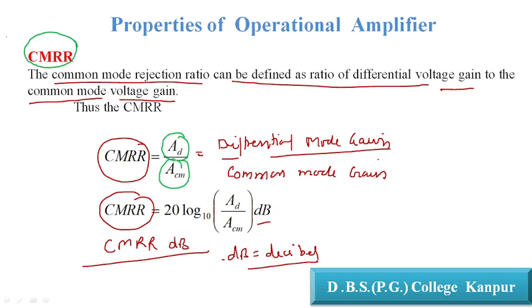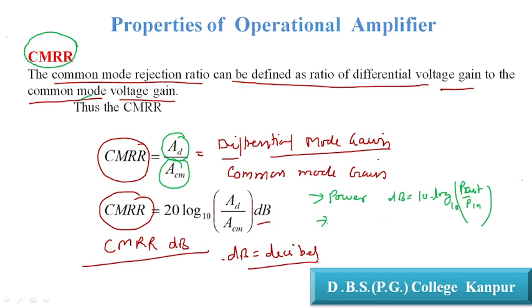If you are taking dB, here is an important point to understand: in the power case, dB becomes 10 log base 10 of P out upon P in.